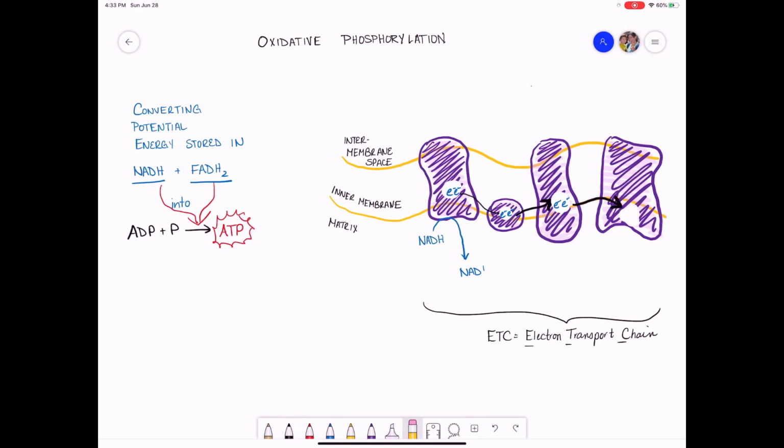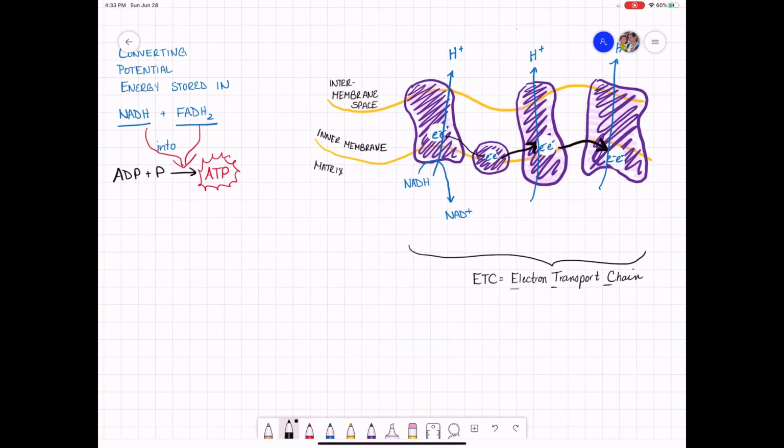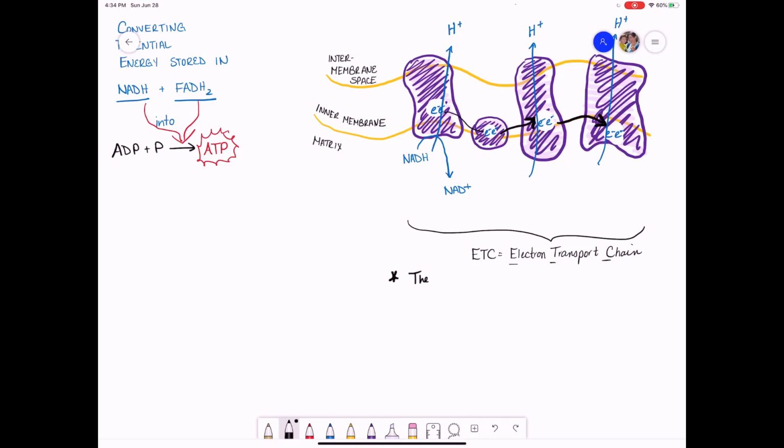Now you might remember that the goal is not just to pass along the electrons, that doesn't do anything, but that electrons are negatively charged. And so when they're negatively charged, they attract positively charged things, like H+. So the electrons are going to be responsible for pumping hydrogen ions across into the intermembrane space.